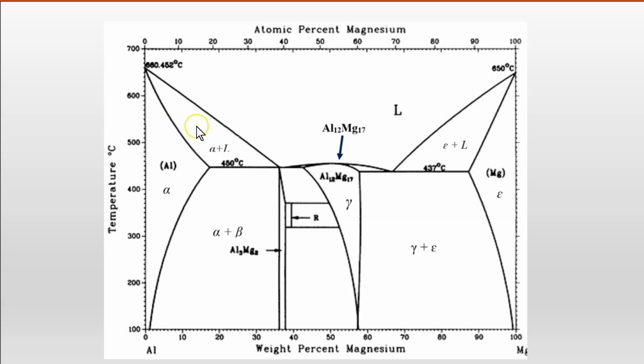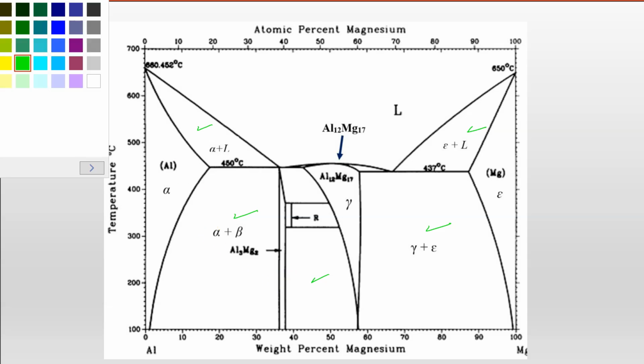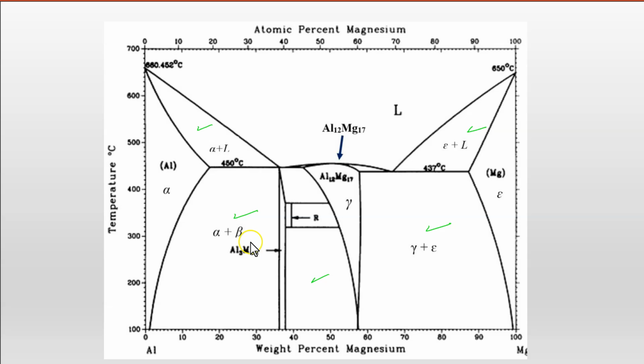So we can certainly apply the lever rule in this phase field, and this phase field, in this one, in this one, in this one, which will contain gamma and Al3Mg2. Now we cannot apply the lever rule in single phase regions, so we can't apply it there, because it doesn't make sense, because there's only one phase in those phase fields.